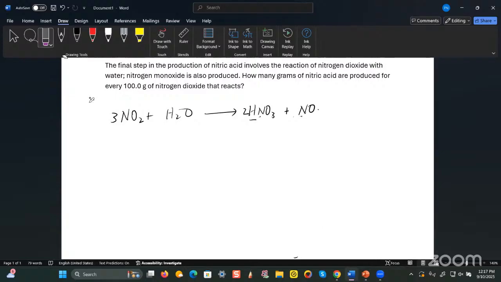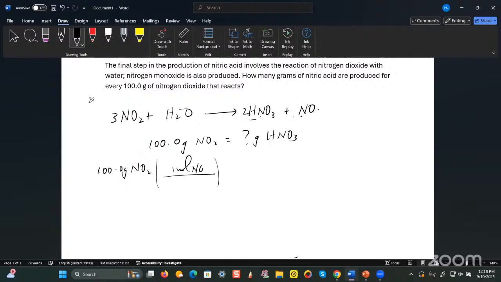The next step is to get into the actual math part of it. According to the question, you have 100.0 grams of NO2, and the question is asking for how many grams of HNO3 will be produced. So I would start off with 100.0 grams of NO2 and convert that to moles. 1 mole of NO2 goes above, and the molar mass of NO2 is nitrogen, 14.01, plus 2 times oxygen, which is 16.